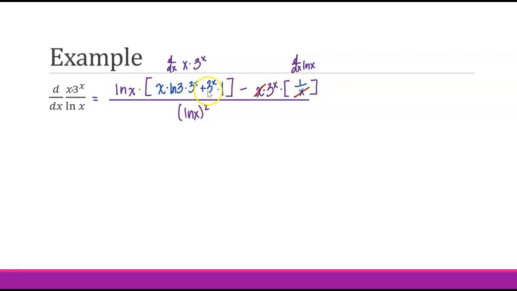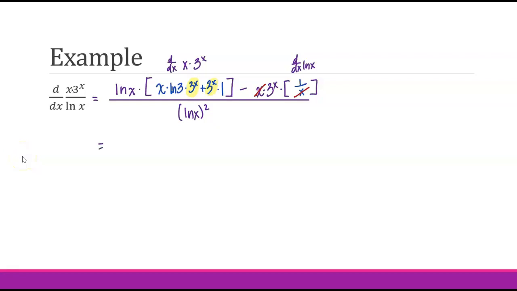The only thing I could see to do is pull out a 3 to the x. So I'm going to do this in 2 steps to help us see it a little bit clearer. So inside the brackets, there are 2 terms. So this whole thing, x times natural log 3 times 3 to the x, that's all one term, plus 3 to the x times 1, that's all one term. So what's in common between these two is a 3 to the x.